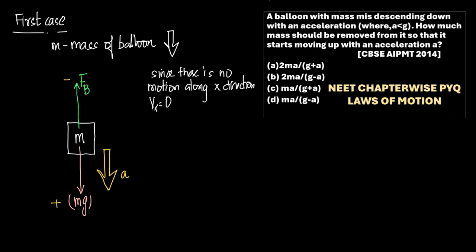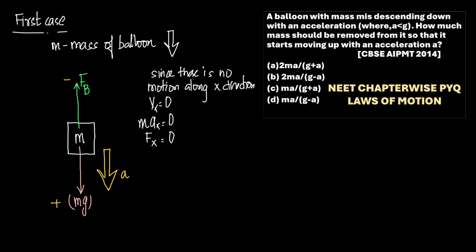If velocity along the x direction is equal to 0, what is acceleration along the x direction? That is also equal to 0. Then what is mass into acceleration in the x direction? That would also be equal to 0. Therefore, ma is F, and max is Fx, and therefore Fx is also equal to 0.